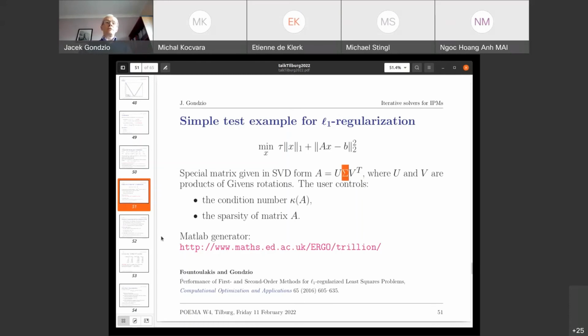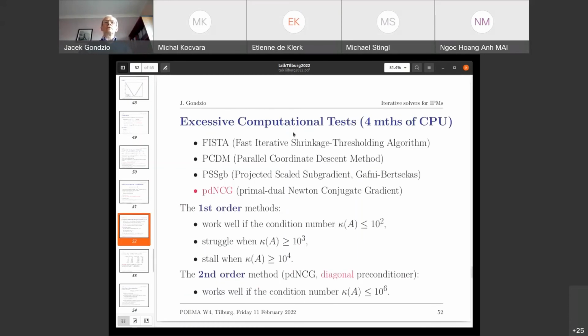And then we ran lots of tests, because the literature nowadays is full of various first-order methods applied to solve specific L1 regularized problems. So we ran a lot of tests for relatively small problems. The dimension did not exceed 1 million.